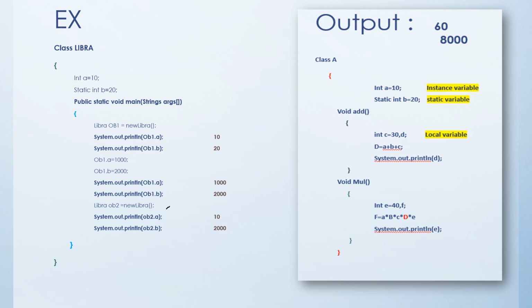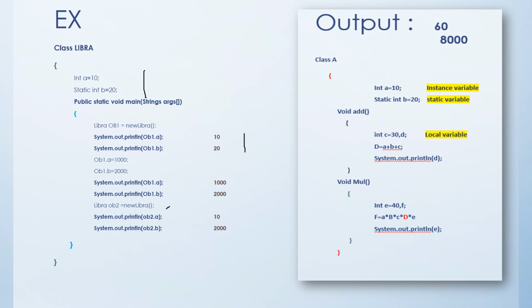So now, for an object, it is an instance variable. Coming to the static variable, 20 had been changed to 2000. After changing to 2000, it won't take the default value again. If you change a static value once, that same value will be seen wherever you access it from. So as per this, simple logic: we created two variables and fetched them by creating an object.